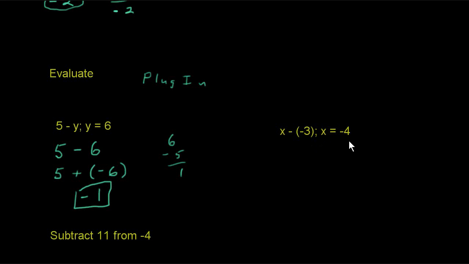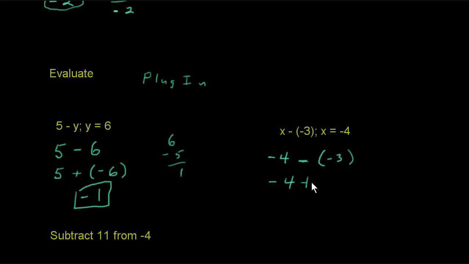The next problem, we want to plug in, substitute in -4 in place of x, and then it says subtract -3. So now here we have two negative signs, a -4 and a -3, and one subtraction sign. You have to kind of look in the context to see how these are used.